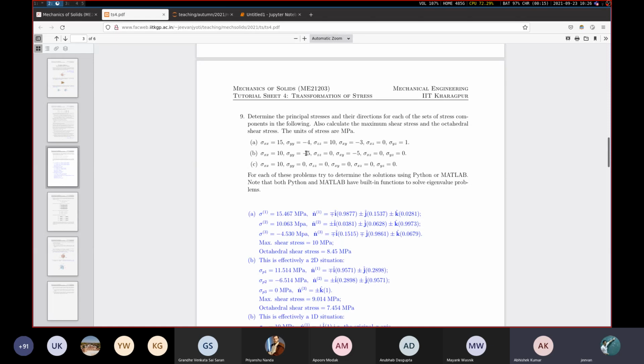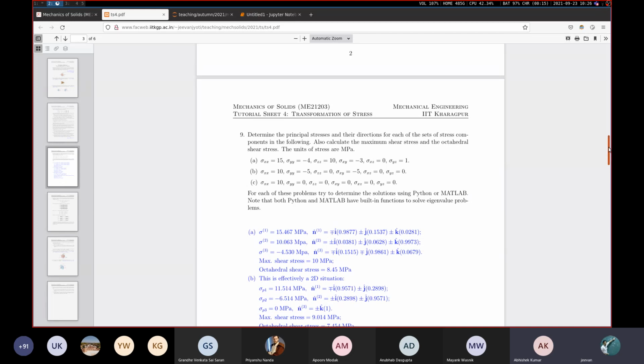I have asked you to determine the principal stresses as well as a bunch of other things. But the main thing is that once you determine the principal stresses, the other things just follow immediately. For the principal stresses, you can do one thing: this is just an eigenvalue problem, as I was telling you earlier.